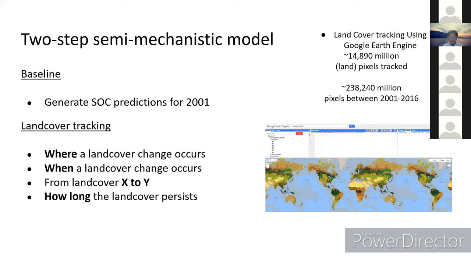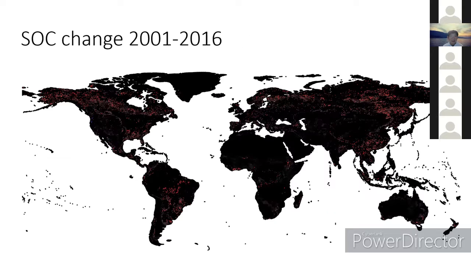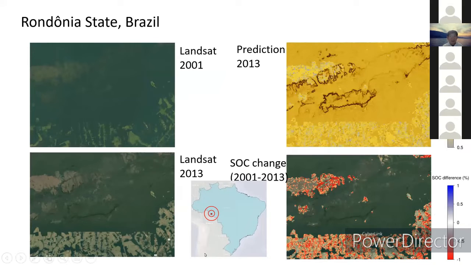We can model that based on satellite data, and based on that we can calculate how much carbon has changed throughout the world, right? So in this example, we calculate the baseline at 2001, and we can do the simulation and it tells us what's happening in 2016. For example, in the area of Brazil, this area in 2001 is still forest.